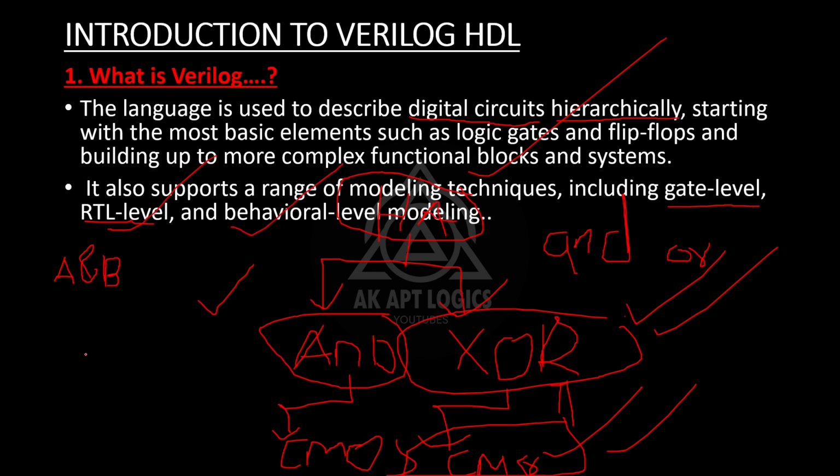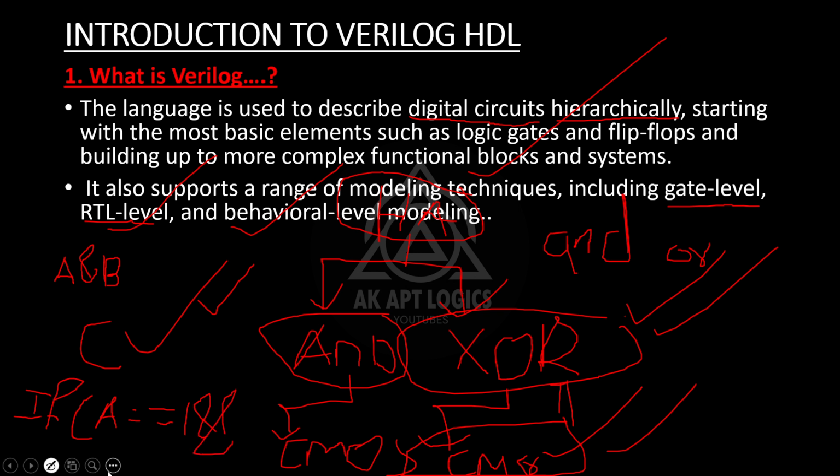Behavioral is similar to the C language. We don't need any lower details of the design. Simply, we will write the functionality. It means if both the inputs are equal to one, if A equal to one and, using the logical operator, B equal to 1, then the output should be 1 for the AND gate.